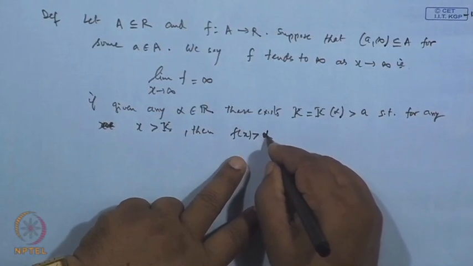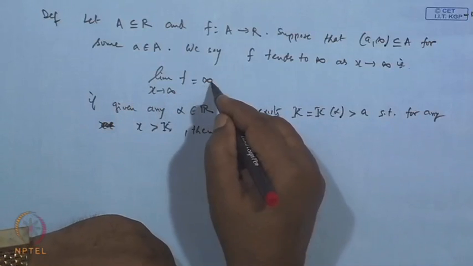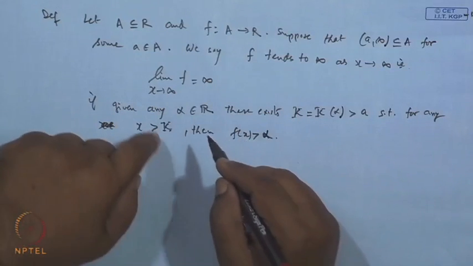So, this is the concept when both c is also infinity and L is also infinity.